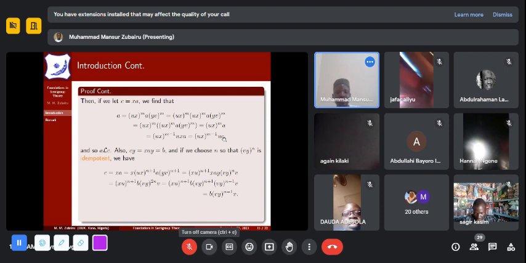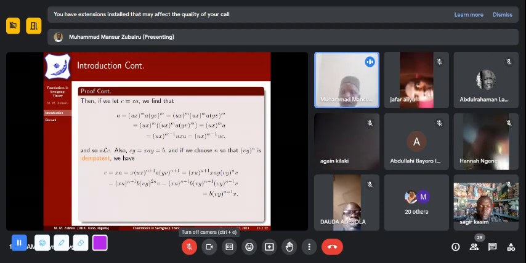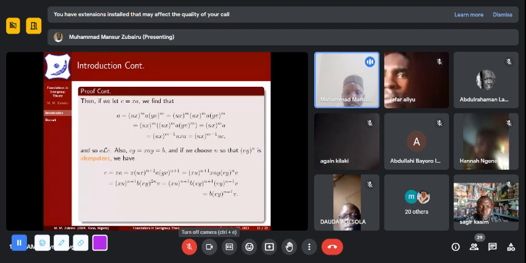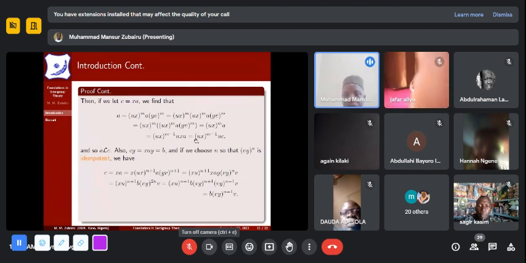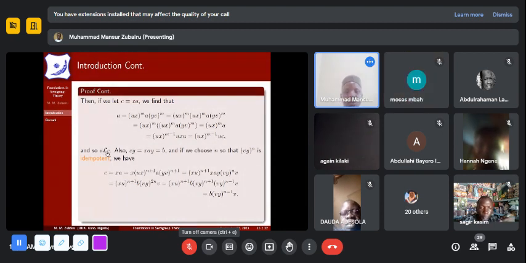By this, one thing you need to note is what we have just shown: A is L related to c, because here c is equal to XA, and A is equal to some element, UX to power m minus 1 U, operation c. So what we have shown is that A is L related to c by definition.